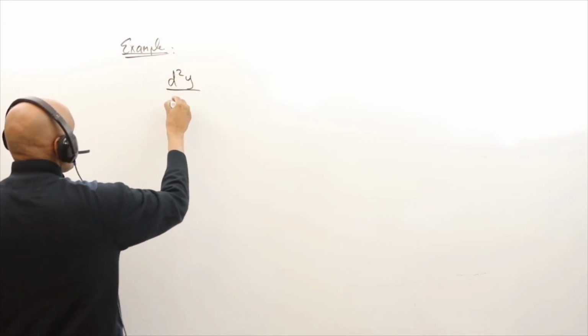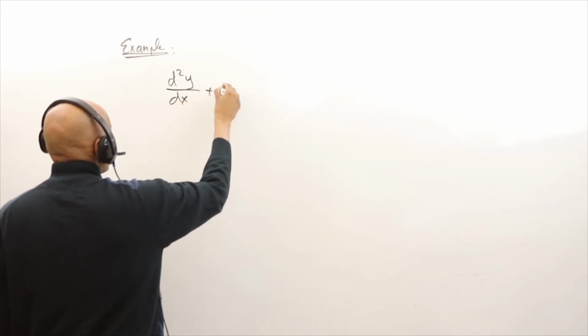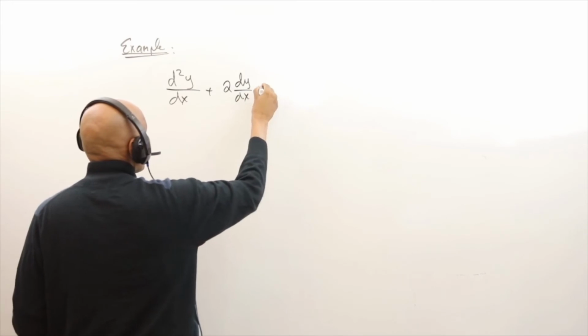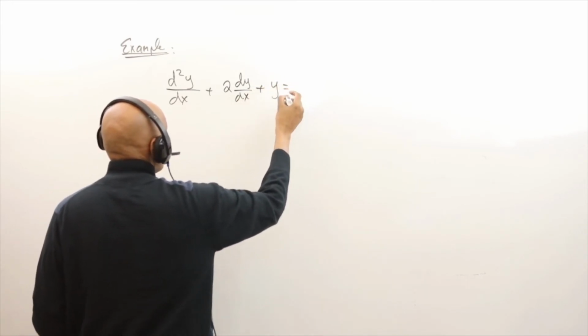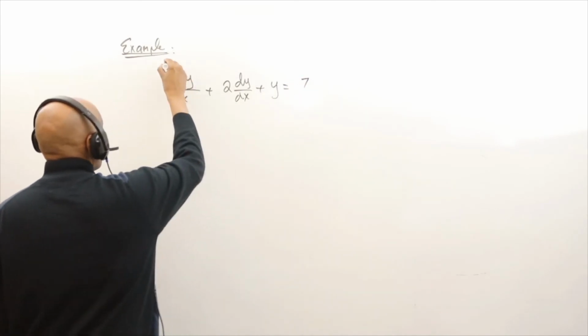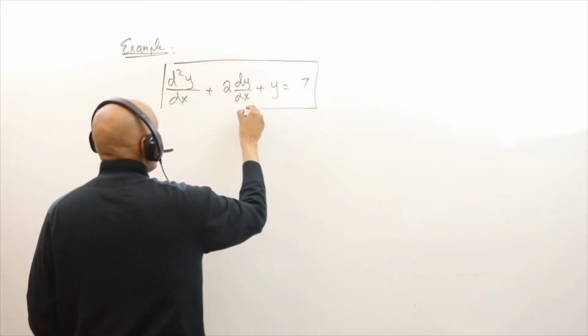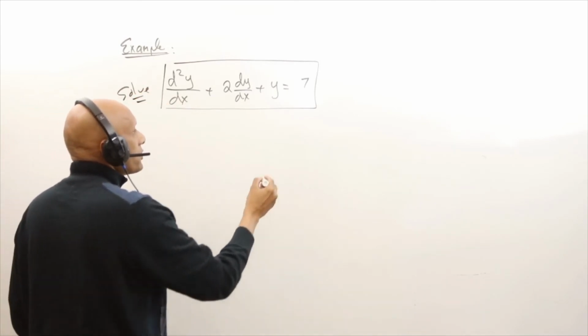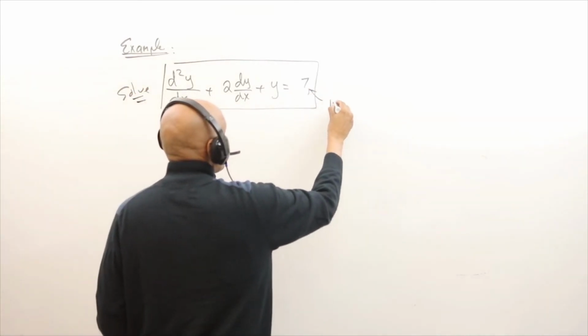Let's actually, you know what, let's make it simple. Let's say 2 dy dx plus y is equal to, let's say, 7. Yeah, that's fine. So we need to solve. First step, this is an inhomogeneous case, so this makes it inhomogeneous.